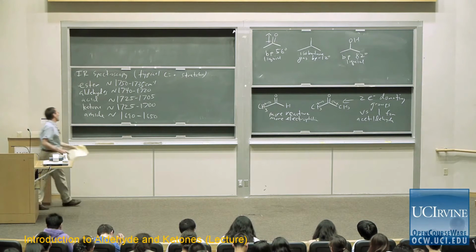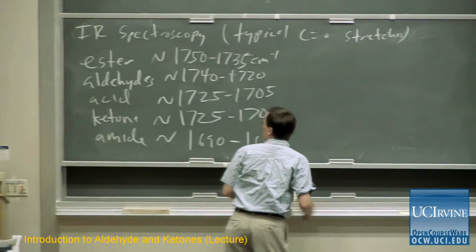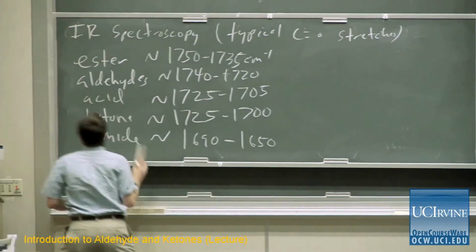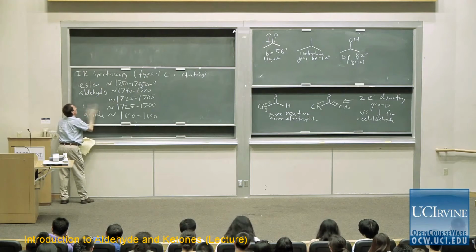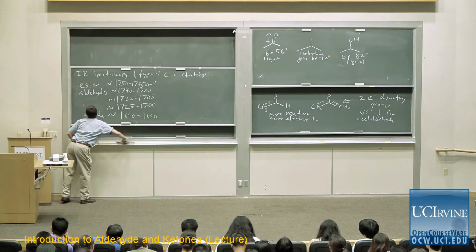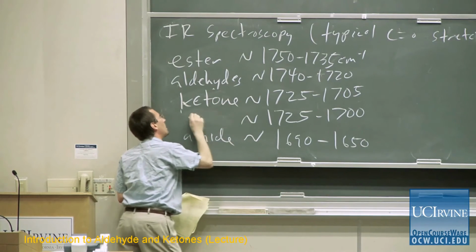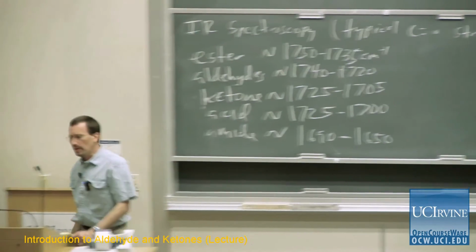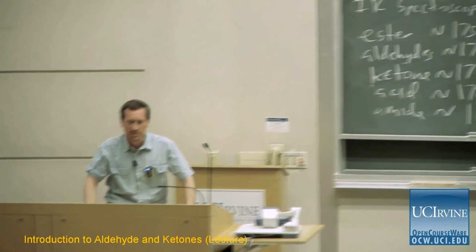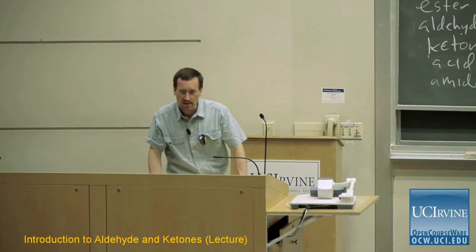Whoops, I have managed to swap the order; pardon me: ester, aldehyde, ketone, acid, amide. So if we look at a ketone versus an acid, there's not a heck of a lot of difference. They fall essentially in the same range.